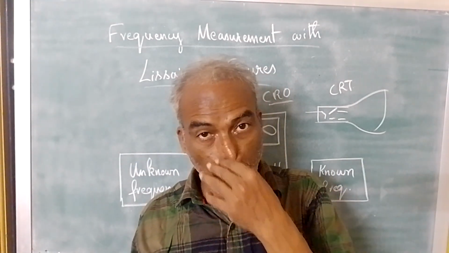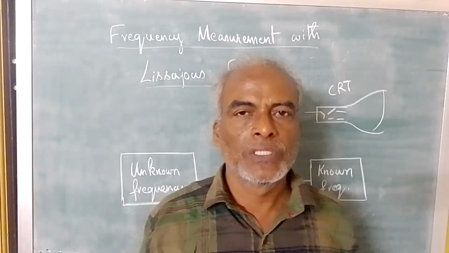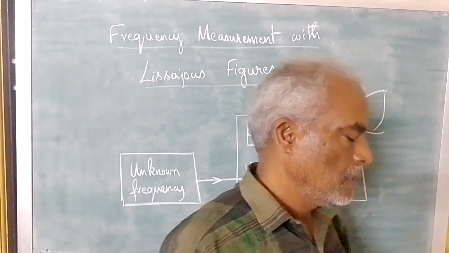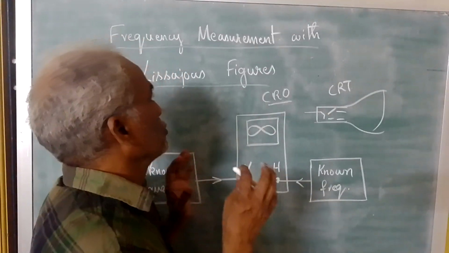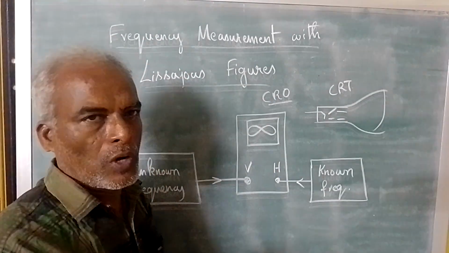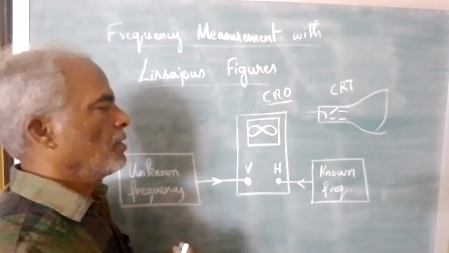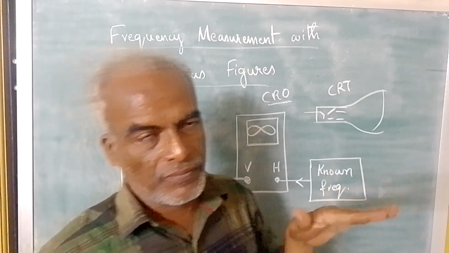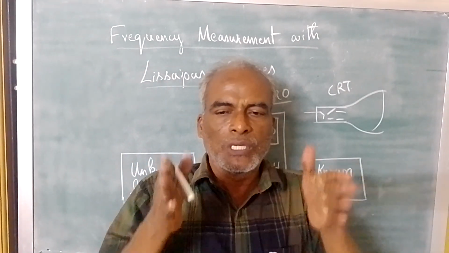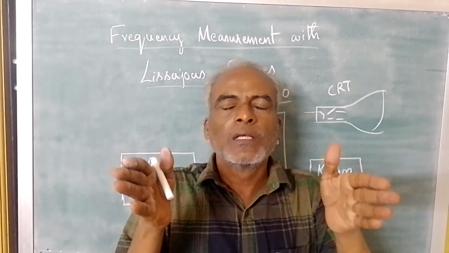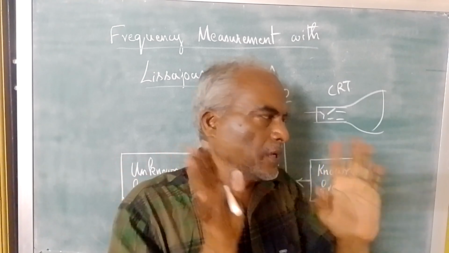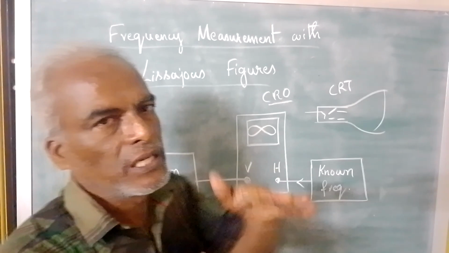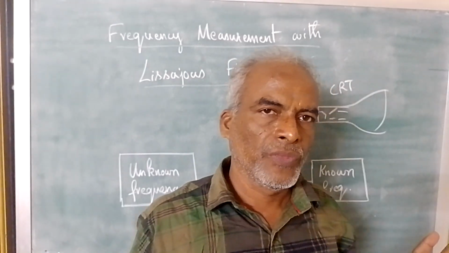Generally, we use a sawtooth waveform for the horizontal deflection plates. But to measure the unknown frequency, the known frequency is given to the horizontal deflection plates, and the unknown frequency is given to the vertical deflection plates.